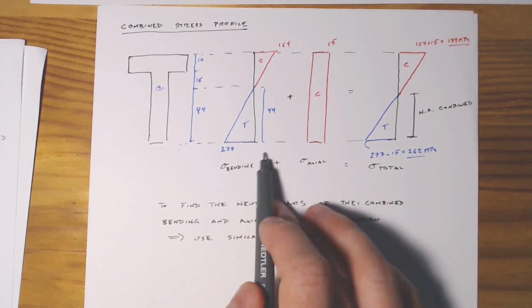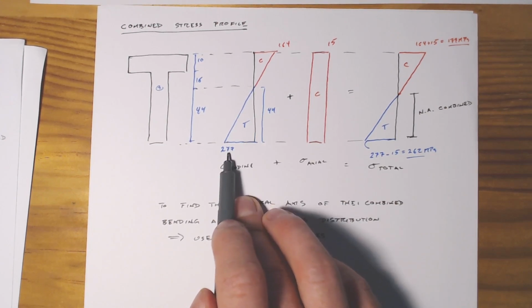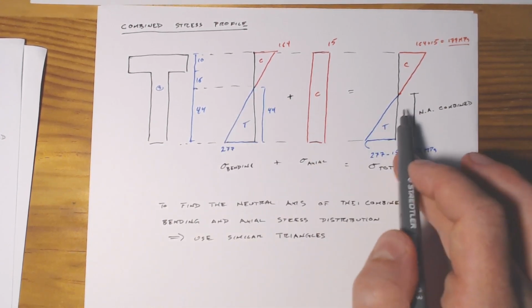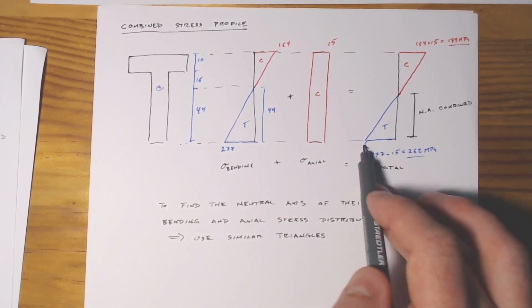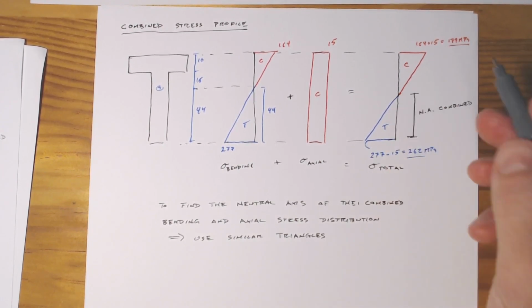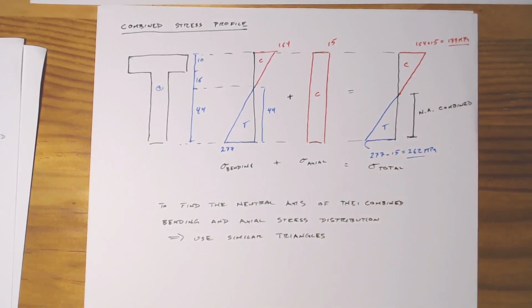We know what the distribution is here for our bending, and we know the length there. It's a right triangle, so we can work out what this height is just from similar triangles.